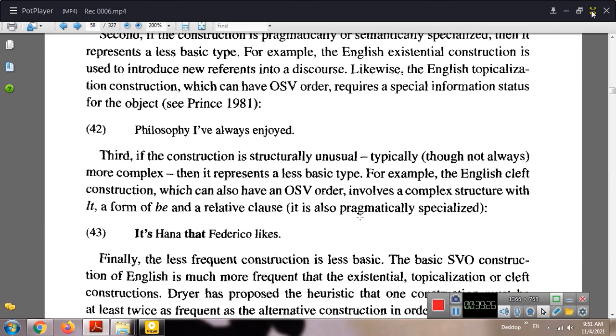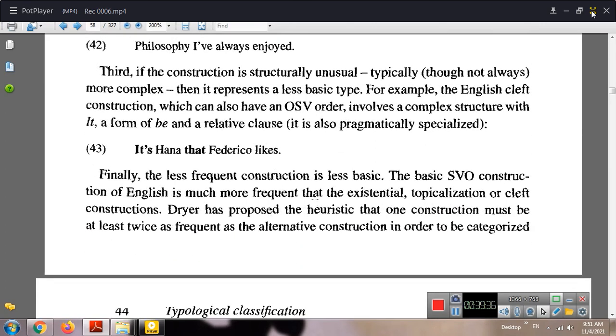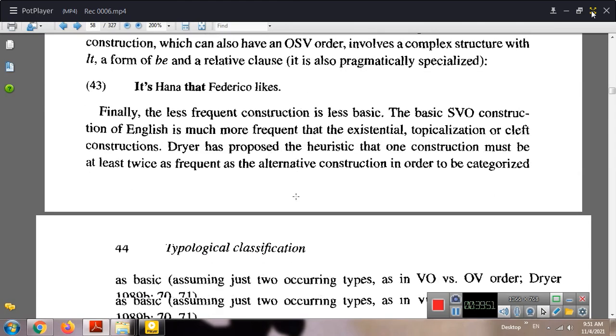Or sometimes when we have an unusual structure in a language, and we told you that the less frequent construction is the less basic. Based on these 4 criteria, we can't find the basic form in English, but in another condition we have the basic form.